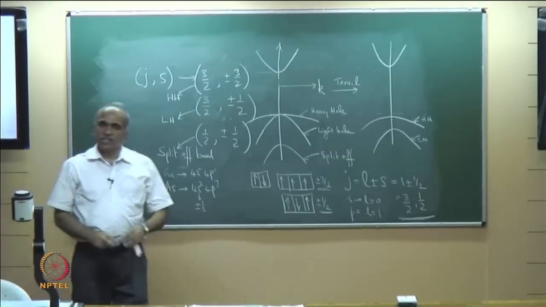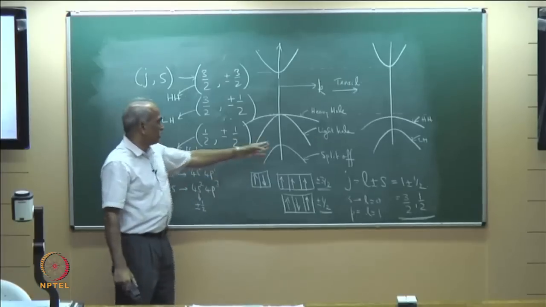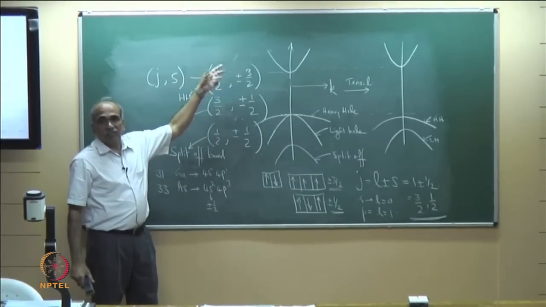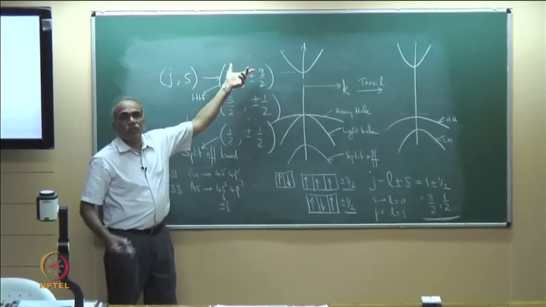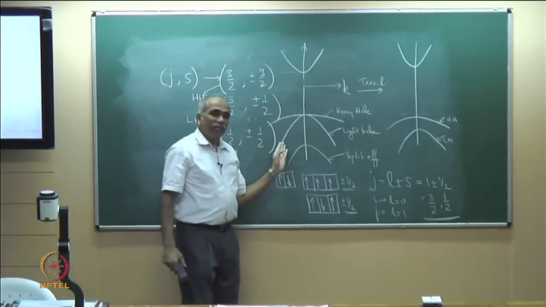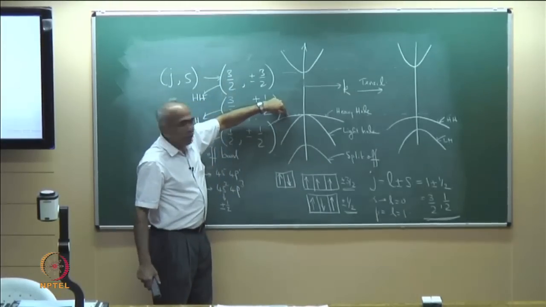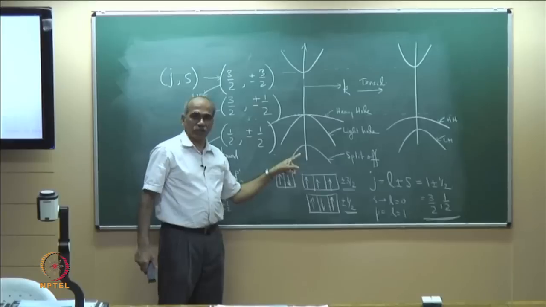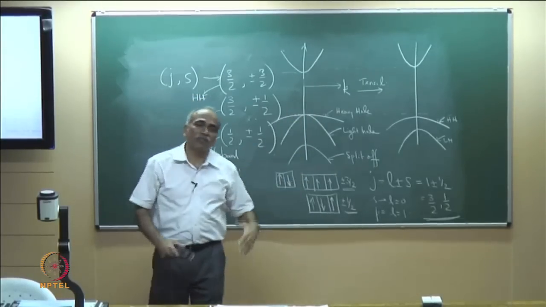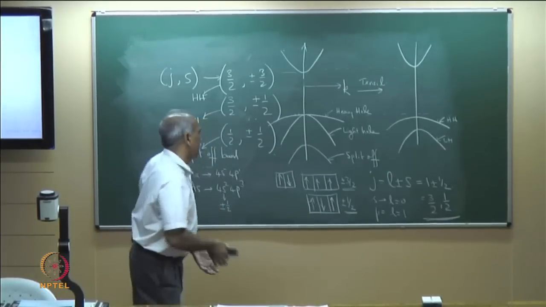Those of you who are interested, you can read more about this, but I thought, because I have drawn them, what do they really represent? These represent the allowed quantum states of an electron. So, depending on the quantum state of an electron, they may occupy this band or this band or this band. So this is light hole and heavy hole. The concept of light hole and heavy hole is a quantum mechanical concept.